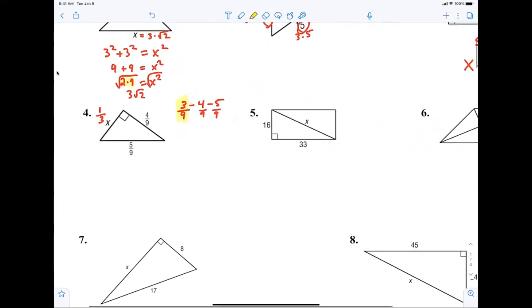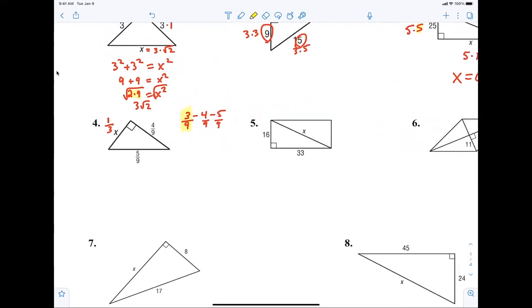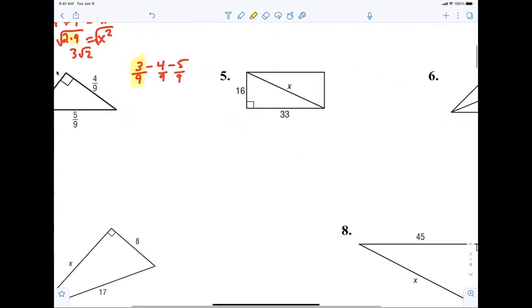So let's look over here. 16 and 33. Do I see anything? No. So this one's kind of annoying. So now what we're going to do is we have to go 16 squared. So 16 squared is 256 plus, somebody tell me what 33 squared is. 1089.